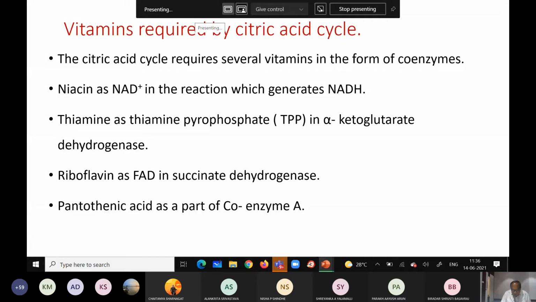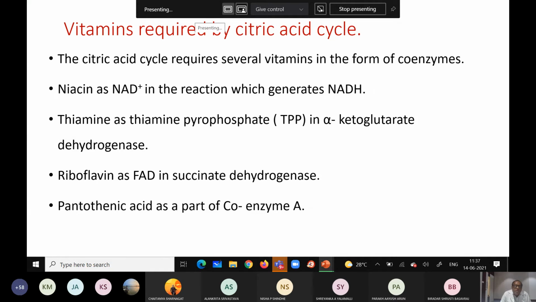And one can ask you in the questions or in the viva about the involvement of water soluble vitamins or B complex vitamins, which are involved there in the form of coenzymes for the various carbohydrate metabolism.